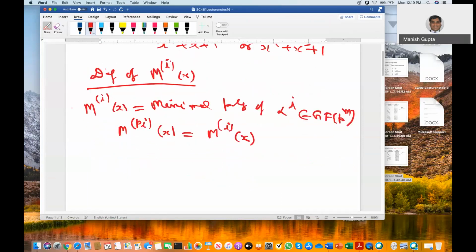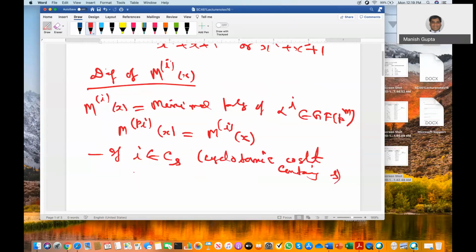Now, if i belongs to the cyclotomic coset C_s, cyclotomic meaning circle cutting, the coset containing s in GF(p raised to m), then we know that the product over j belonging to C_s of x minus alpha raised to j, the polynomial that we computed, will divide m_i(x).